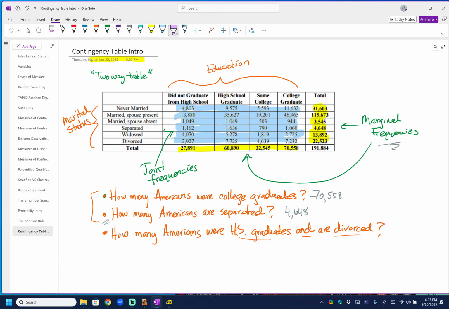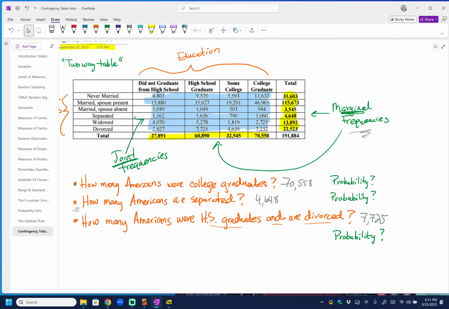If we go over to the top and find high school graduates, we go to divorced along the side for a row, we go down and over, and we're going to find the one number that combines both of them, which is going to be 7,725. This is a joint frequency because it combines two variables into the same frequency count.